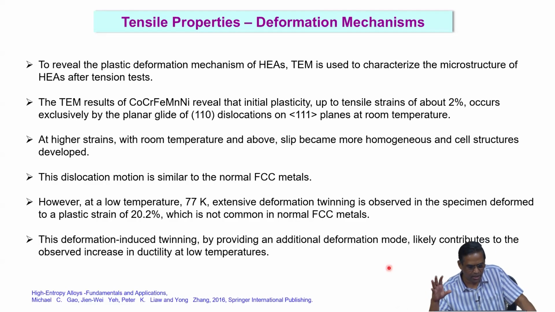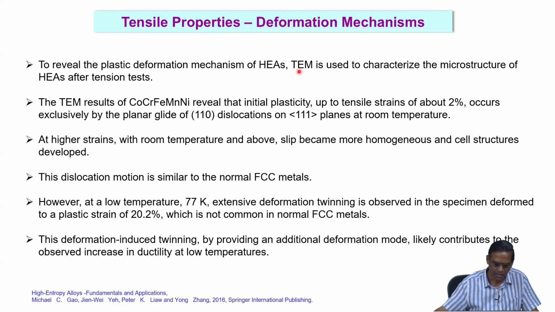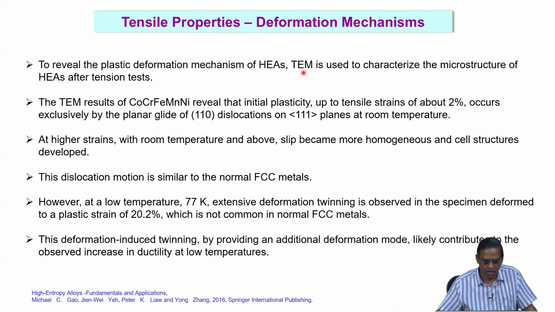Having discussed the tensile properties, we just quickly review the deformation mechanisms, which I have already shown yesterday in the characterization slides. What are the factors which are important in the light of high entropy alloys? TEM is used to characterize the microstructure of most of the tension tested samples.